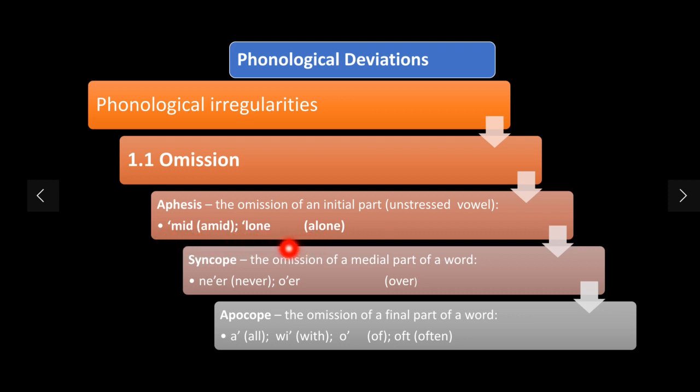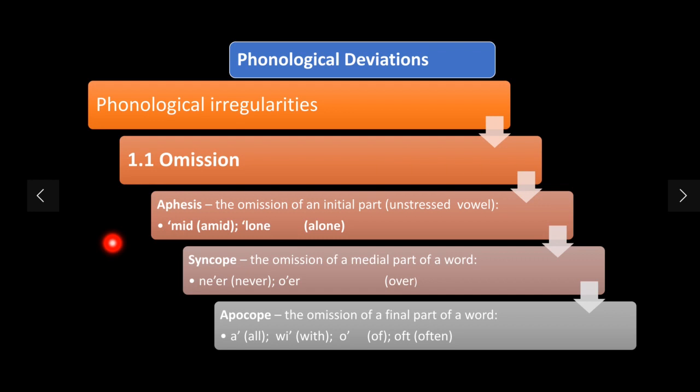Similarly, we have the word alone, and the initial part is omitted and here we have lone. Sometimes you may come across the word mid, which would actually be amid, and lone, which would actually be alone. But the poet or the writer deviated. And how did they deviate? Phonologically. So this is technically called aphesis.